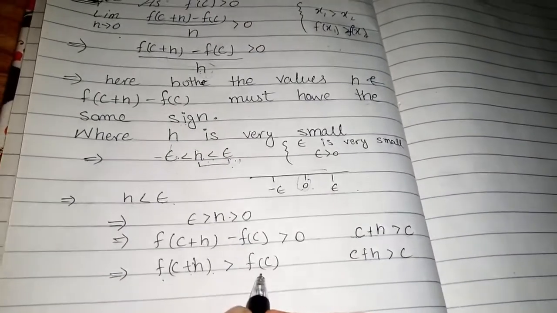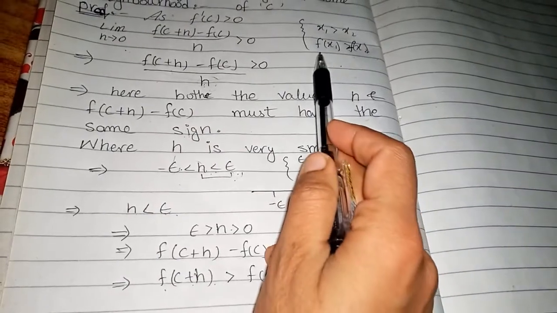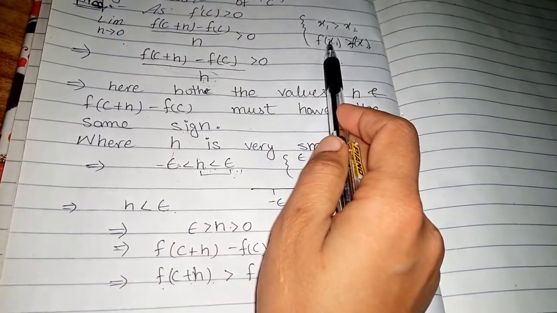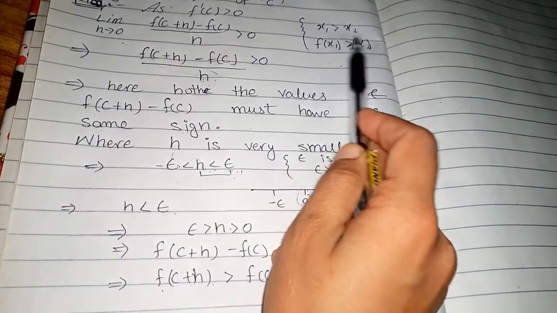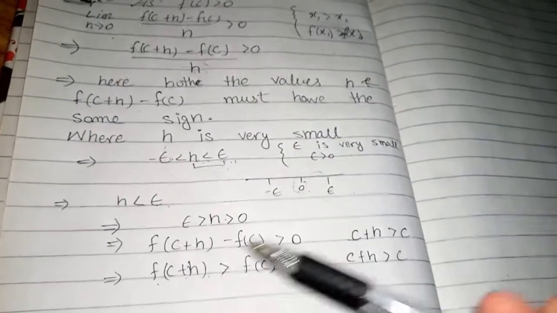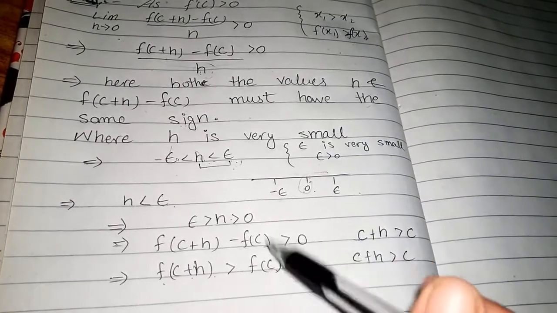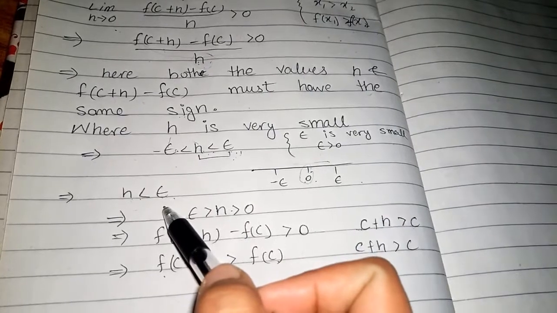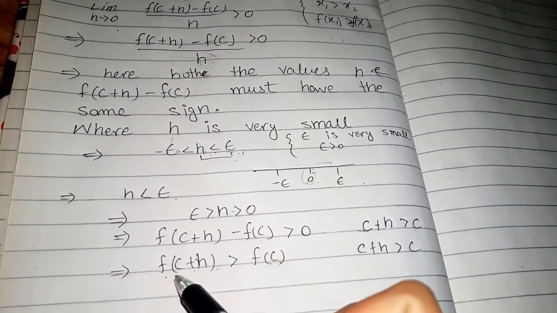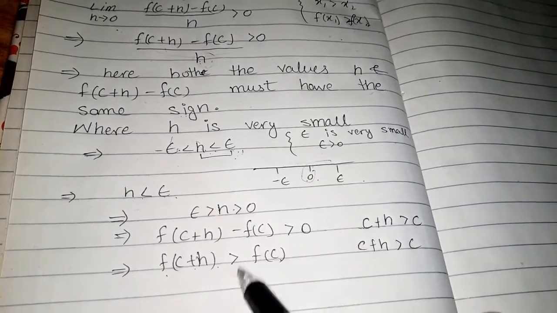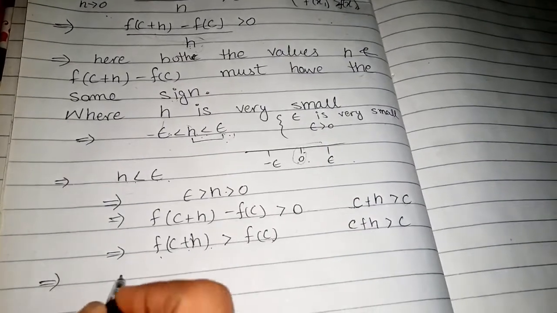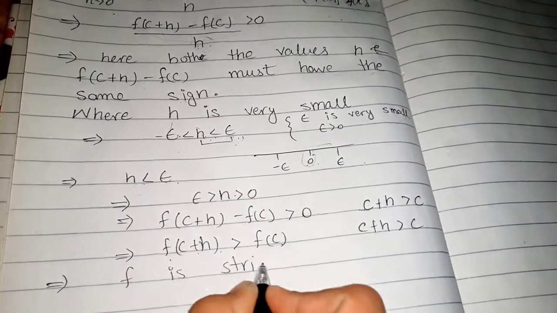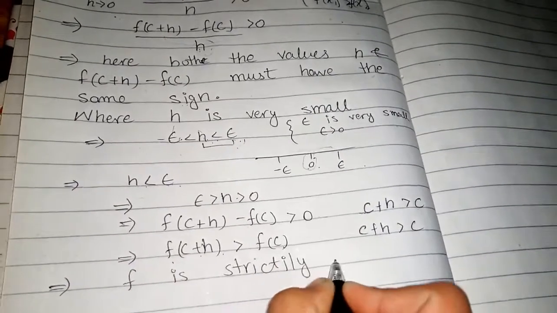Then we have the definition of a strictly increasing function: if we have two points, one greater than the other, and the function value at that point is also greater than the other, so by this condition, with h positive and h less than epsilon, it must be strictly increasing. This implies that f is strictly increasing.